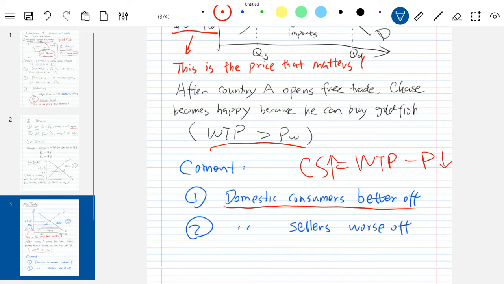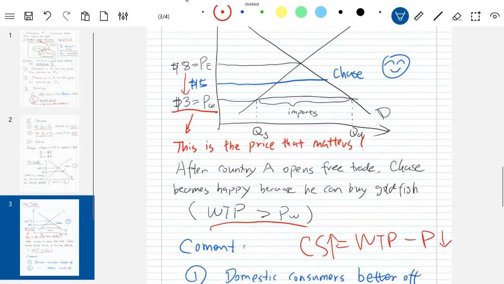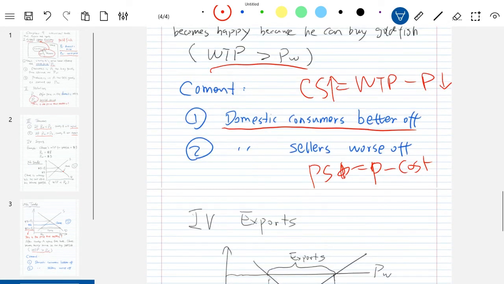They become better off. What about producers? Producer surplus is price minus cost of production. So after the equilibrium price is reduced from 8 to 3, all sellers receive a lower price for goldfish. So this makes every seller worse off.